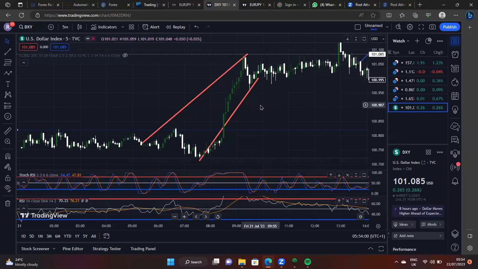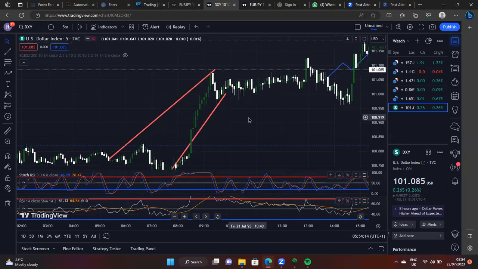We trade HFX, we trade binary, and we trade high frequency. This style of trading is so unique to you as a trader. What other traders might be seeing on the chart, you might be seeing the opposite.